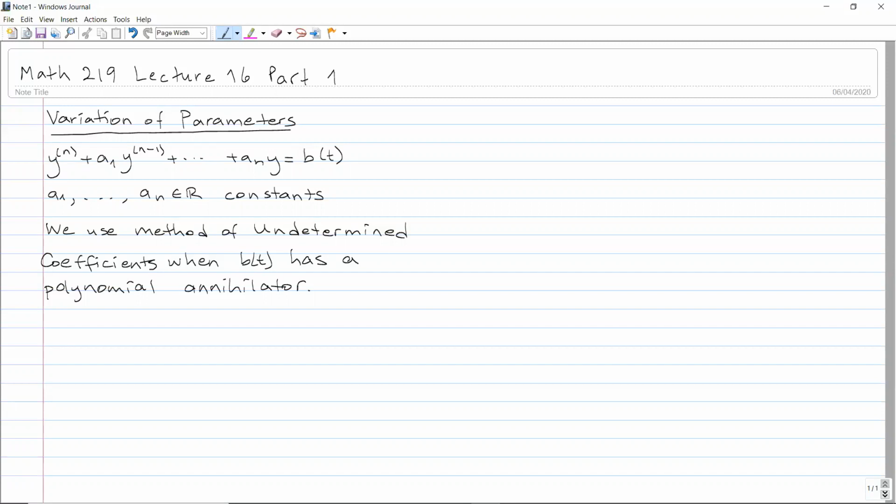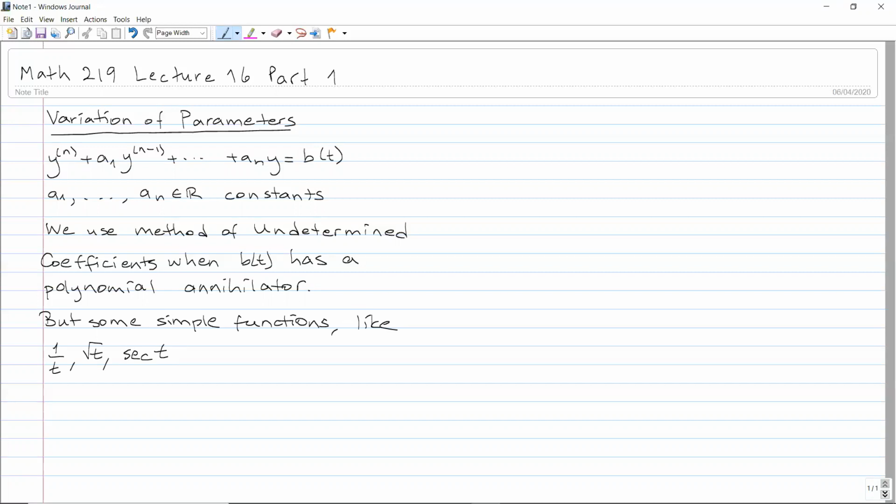But there are some very simple functions which do not fall into this category, like 1 over t, square root of t, or secant t.